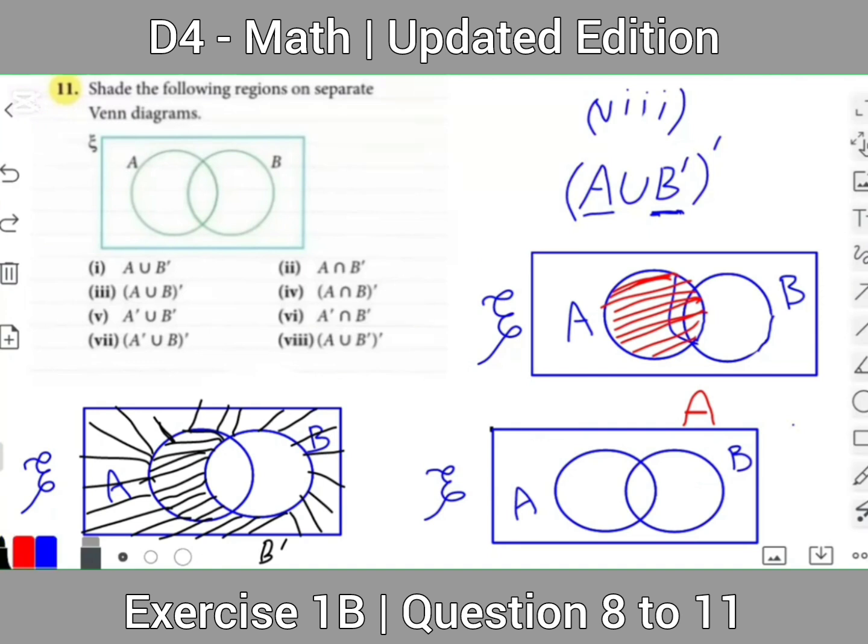So we will use the black color to shade the region for the A union B complement. So here we have this region.